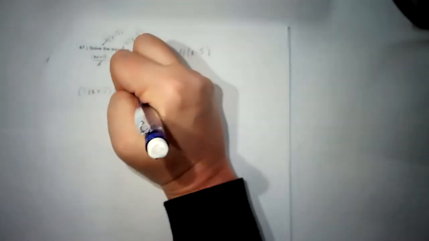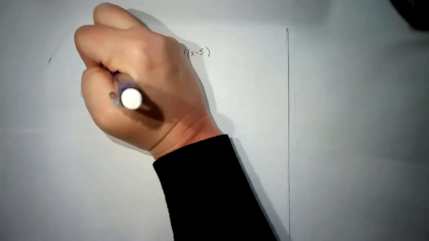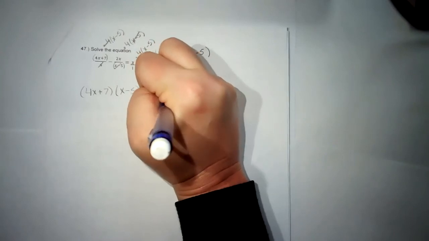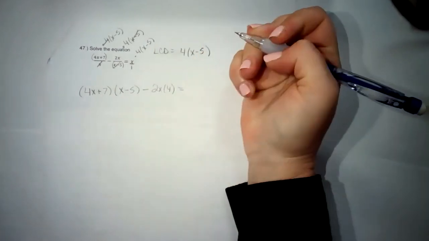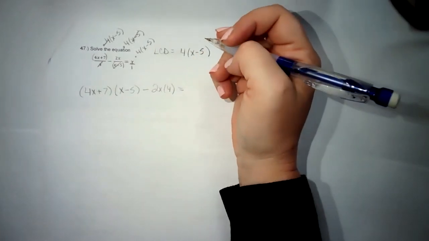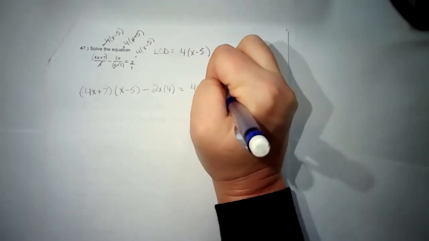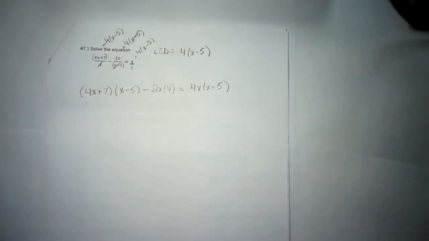Now, if you have them in a different order, that's fine, as long as you know they're multiplied together. Minus. Okay, the x minus 5 cancels for that next guy, and I'm going to have 2x times 4. Now, if you went ahead and wrote 8x, that's great. I'm going to do that in the next step. Equals, I don't have anybody to cancel with on the other side. So 4 times x minus 5. But the important part is we no longer have any denominators.